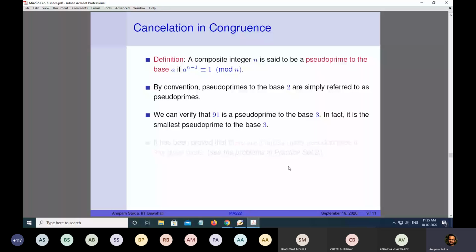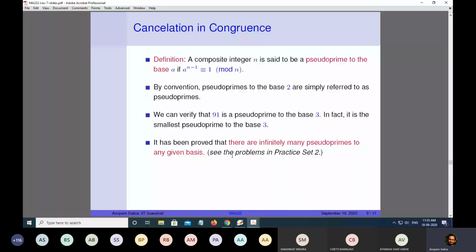Earlier we showed that to the base 2 there were infinitely many pseudoprimes, but in fact we can show it for any base, and that has been given as a problem in the practice set, which I have uploaded. I'll show you the problem set. Next week we'll discuss these problems.